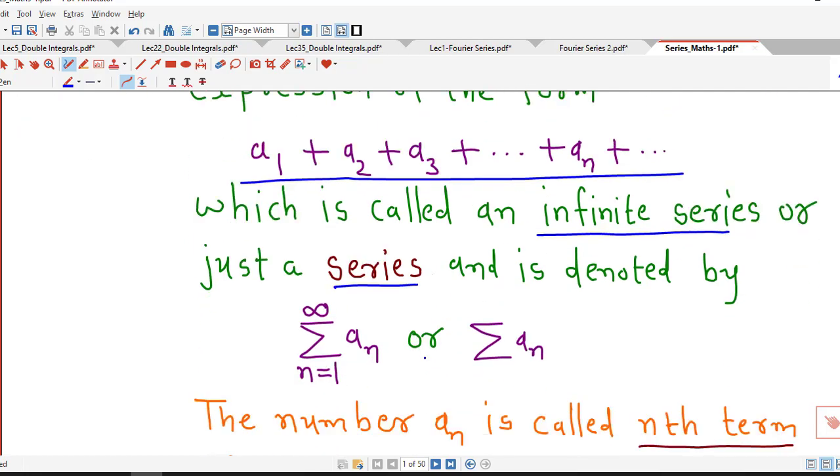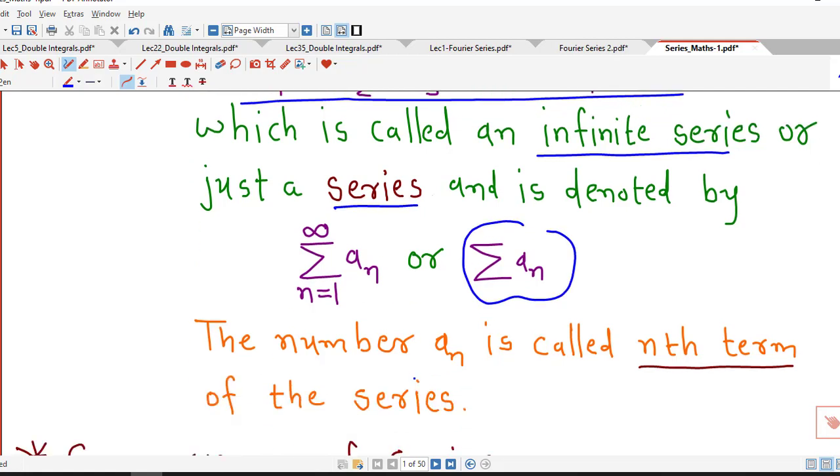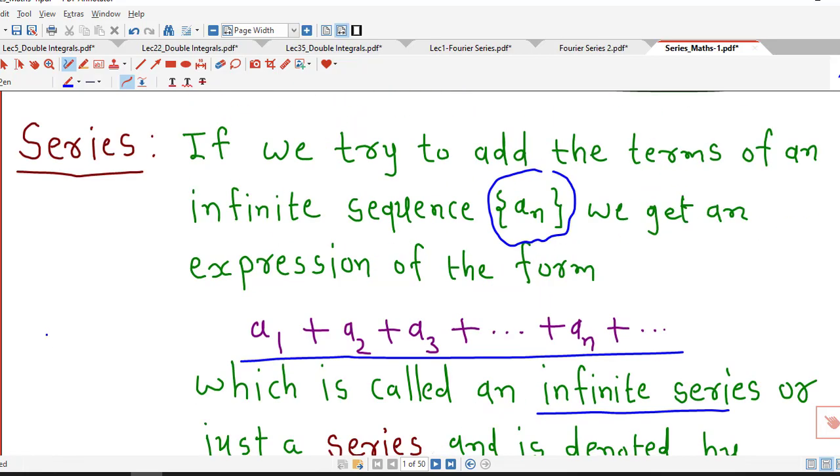We can denote a series by sigma n equal to 1 to infinity, or simply sigma an. The number an is known as the nth term of the series. We will see how to decide the convergence or divergence of this infinite series.